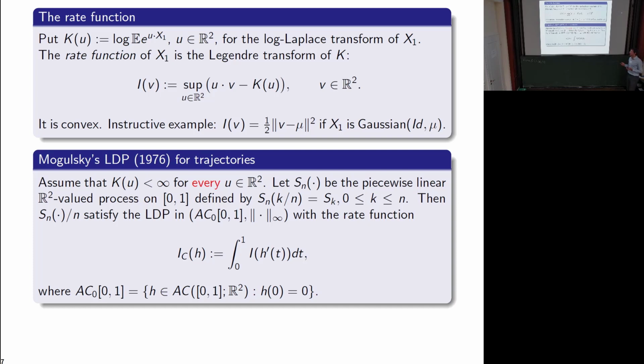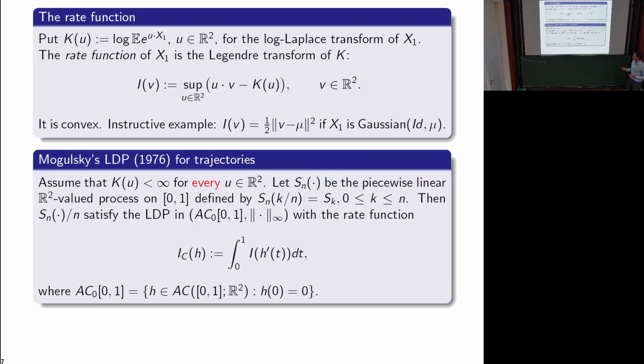And then Mogulskii's result says that if you take the trajectory, which is now a function on [0,1], normalized by n, as usual, then these trajectories satisfy the large deviation principle in an appropriate functional space. The functional space will be the space of absolutely continuous functions which start at 0. And the rate function will be this one.